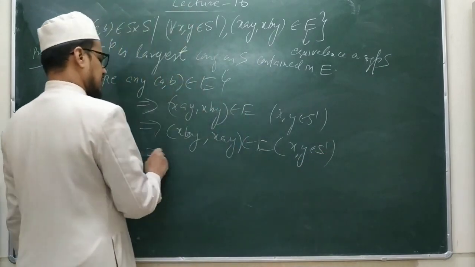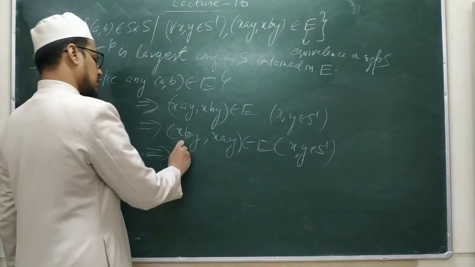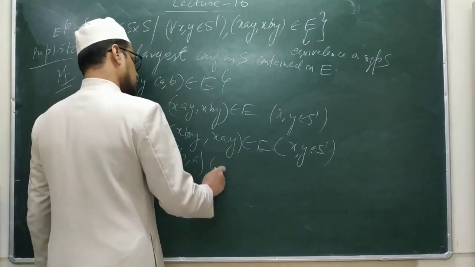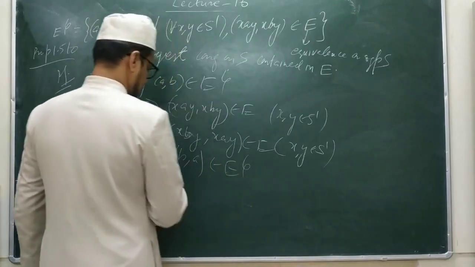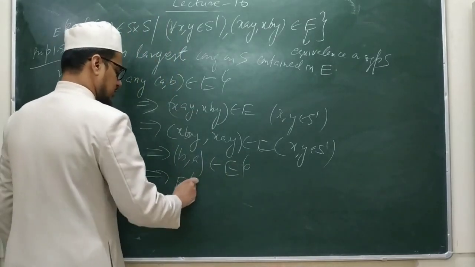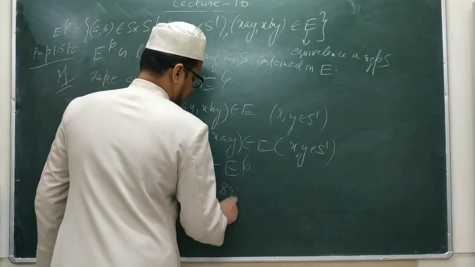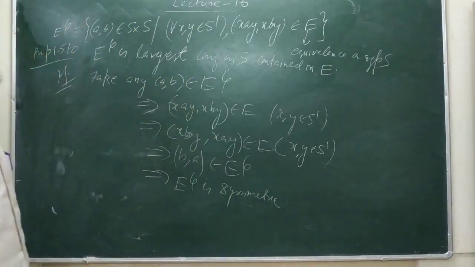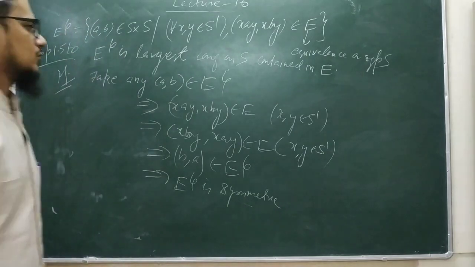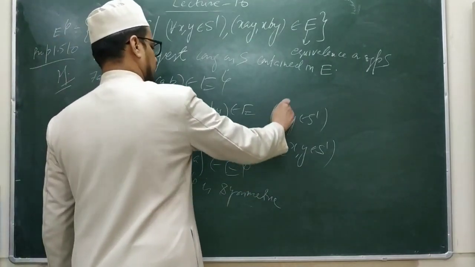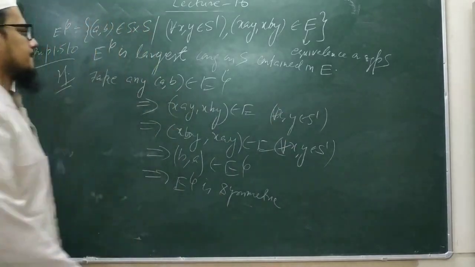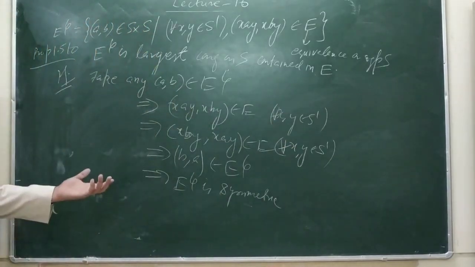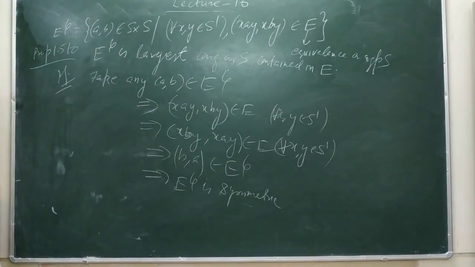Correct. It implies what? B comma A belongs to E natural. So it implies that E natural is what? Symmetric. Of course, it is for every X, Y belonging to S1. So we have shown that E natural is symmetric.